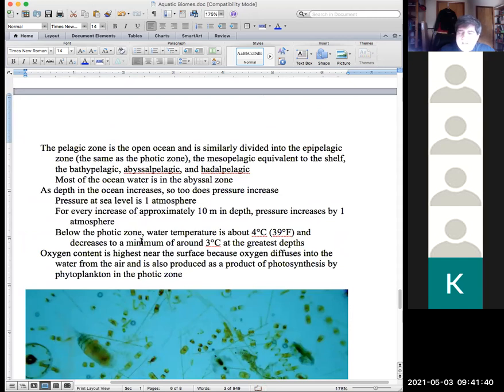The other thing that changes is temperature. If we look in the photic zone or the epipelagic zone, the temperature really is often similar to air temperature. In winter, the water is usually slightly warmer than the air temperature above it.